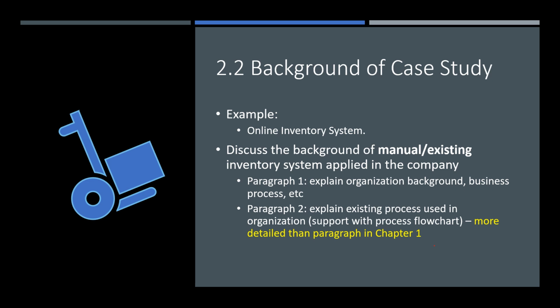Okay, so at the end of section 2.2, looking into the existing process you observe and investigate, you may give some explanation of why a new system is proposed based on that situation. So that will be the end of section 2.2.